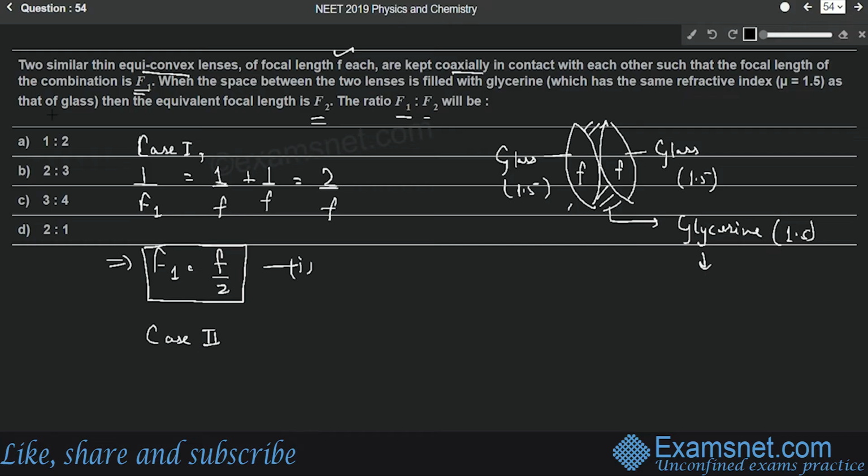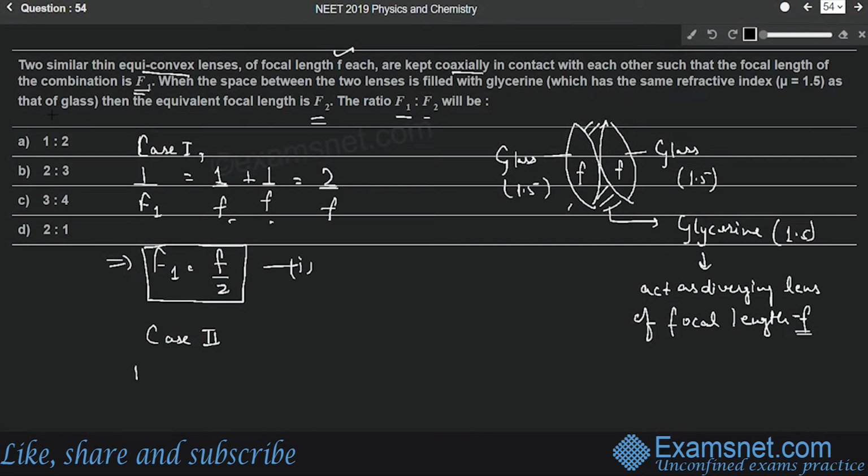It will act as a diverging lens of focal length, the magnitude will be the same, that is small f, but it will be minus f. Okay, because it is acting as a diverging lens or concave lens.